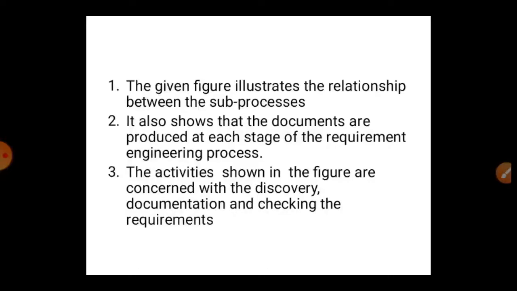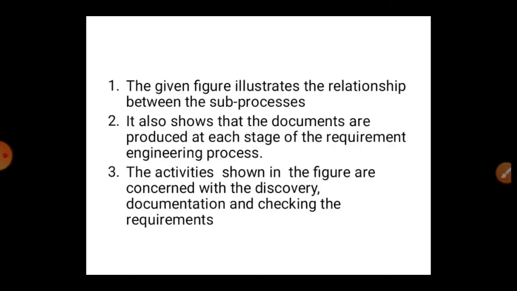The given figure illustrates the relationship between the sub-processes. It also shows that documents are produced at each stage of the requirement engineering process. In the previous diagram, we have seen that every sub-process comes out with a document which will give us more information.